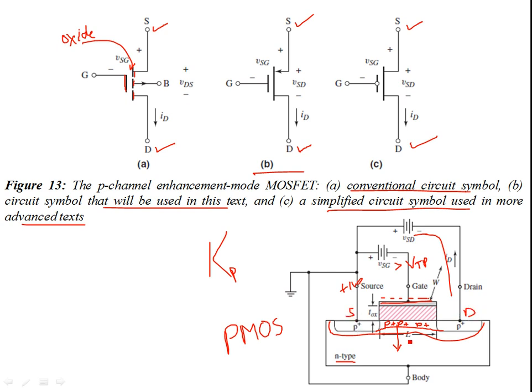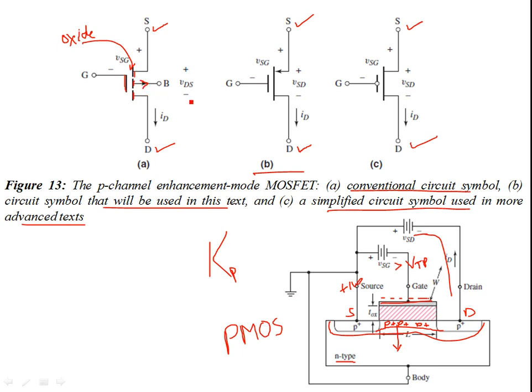The direction is from P to N, this direction. So it's away from the gate oxide and the semiconductor-oxide interface. Basically, it's away from the channel. This is the direction of the PN junction.